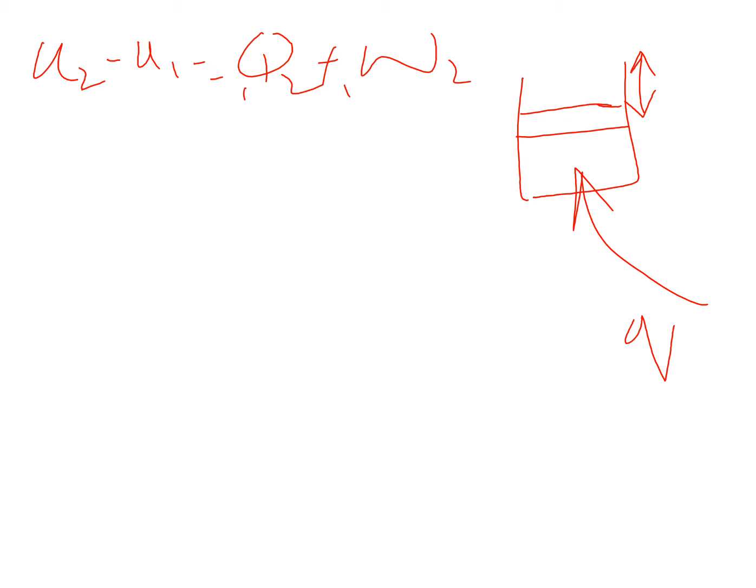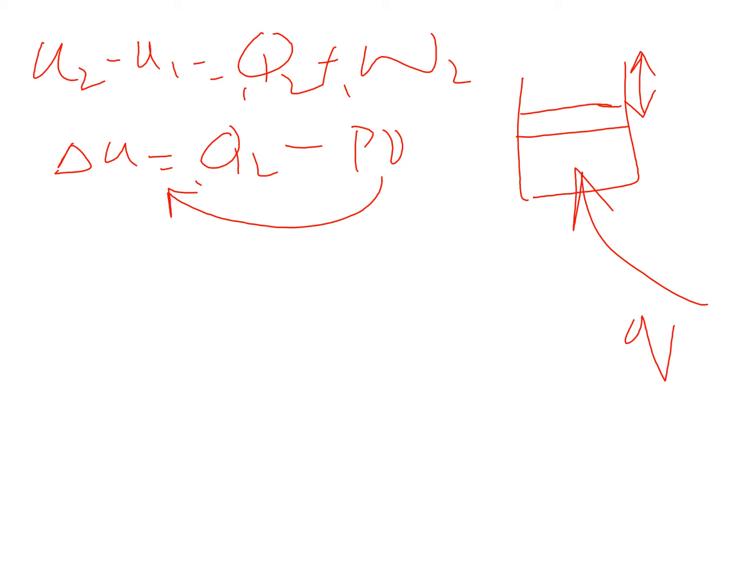So delta U is equal to Q12 plus PV, because work is the product of pressure and change in volume, and if we take the convention of this textbook, this sign will be minus, because this book considers that if we do work on the system, it will be negative.